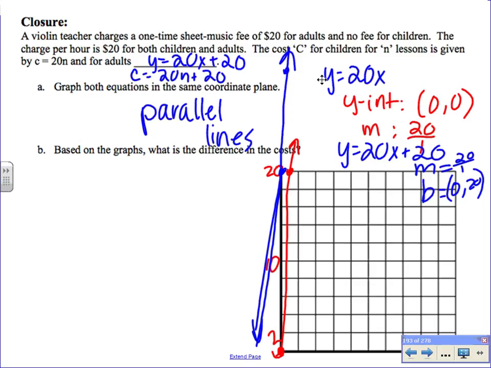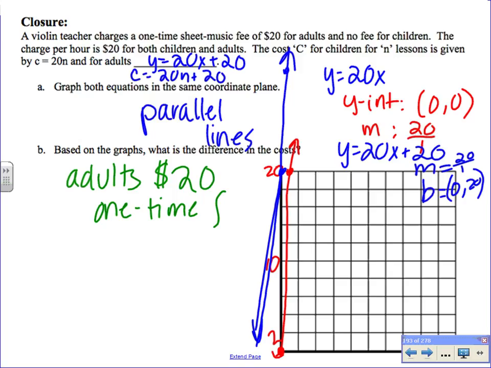Right, so the adults pay a $20 fee, one-time fee, right? So what they owe, or what they have to pay, is $20 more than the children.